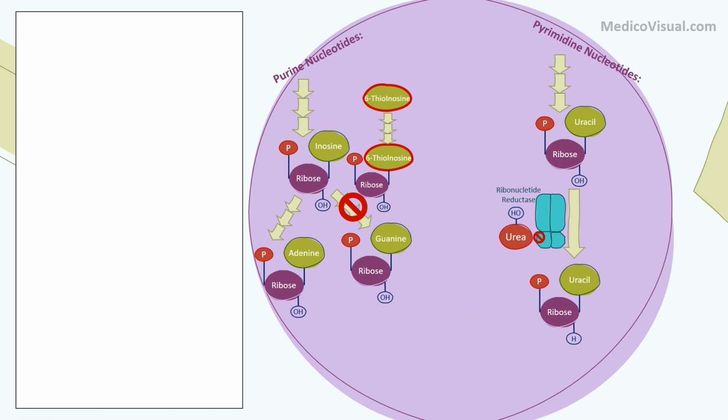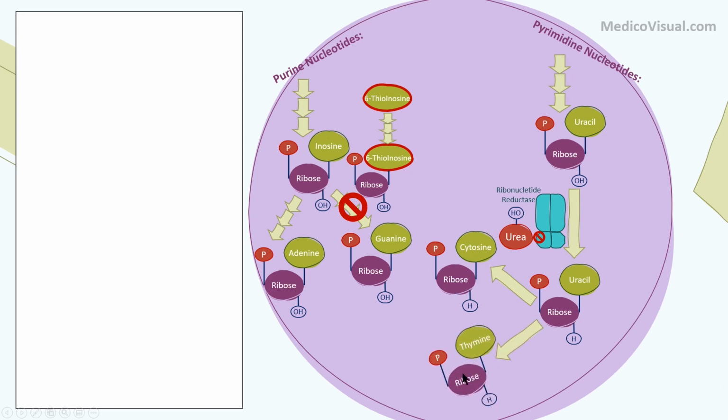Now from uracil monophosphate, cytosine monophosphate can be formed, as well as thiamine monophosphate can be formed. I won't be explaining this pathway in detail, but I will be telling you about it because it is clinically very relevant here.